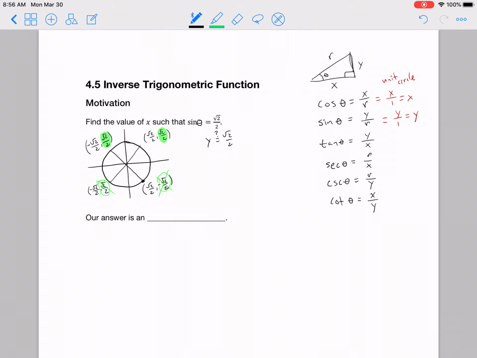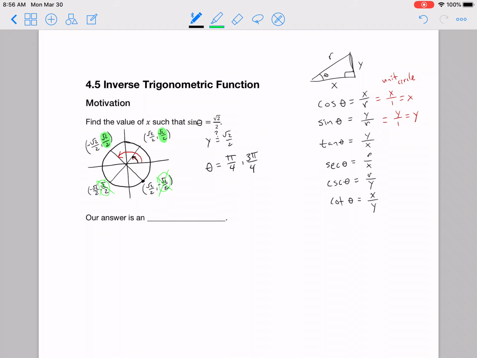But here, our two answers are going to be at this angle here, and then this angle here. The first angle is going to be pi over 4. That's that first little angle in there, this little one right there. And then the larger angle is going to be 3 pi over 4.